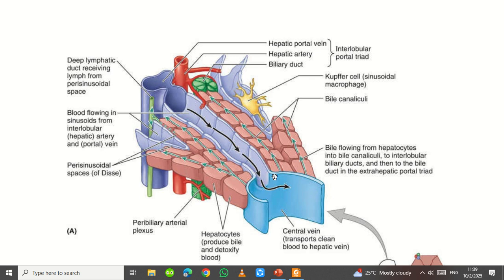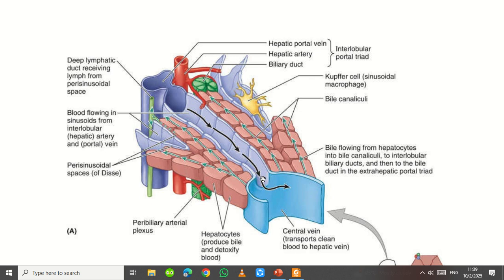You understand? But while the blood is going towards your central vein, the hepatic cells, the hepatocytes, will be synthesizing and secreting some proteins into this blood, your plasma proteins, your albumin, and so forth. So this is what we call the hepatic lobule, which shows the endocrine function of the liver.